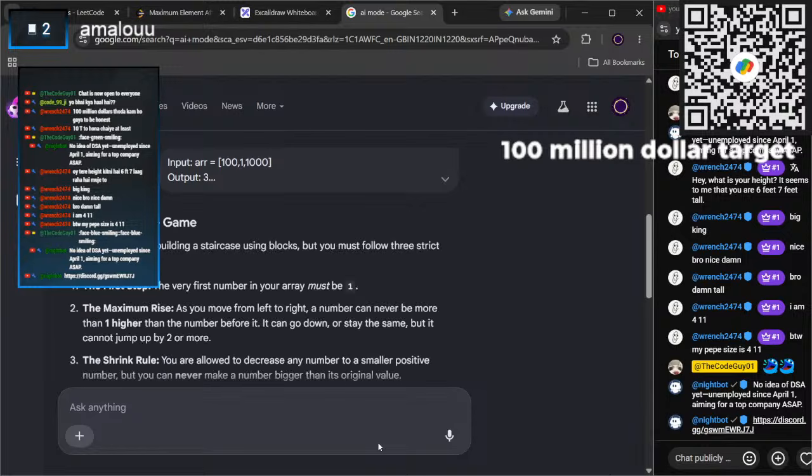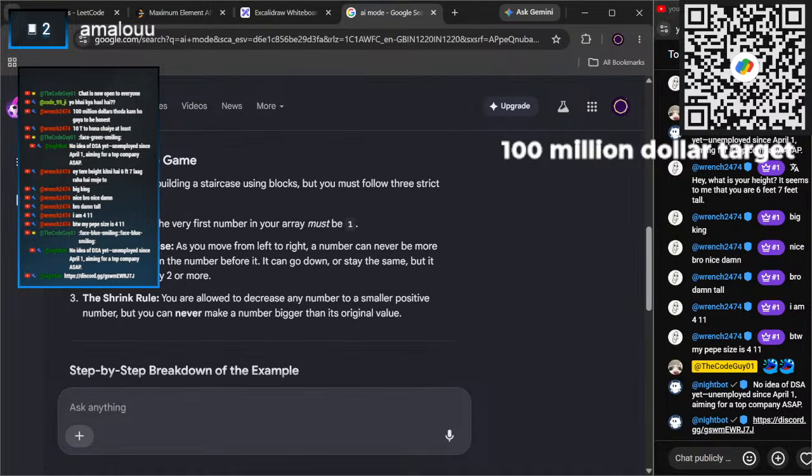Is he talking about the number of zeros you have? Then you're going to convert them back to some different number right now. The problem is building a staircase using blocks, and it will follow 3 rules. First, the rise rule: maximize the rise as you move from left to right, but the number never becomes more than one higher, and can't jump to 2 or more.